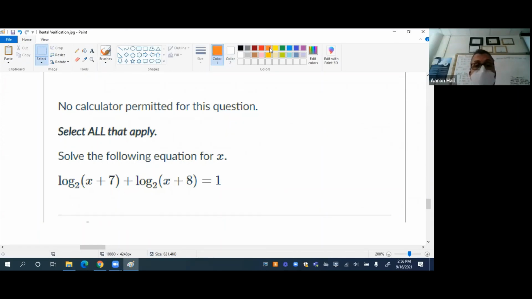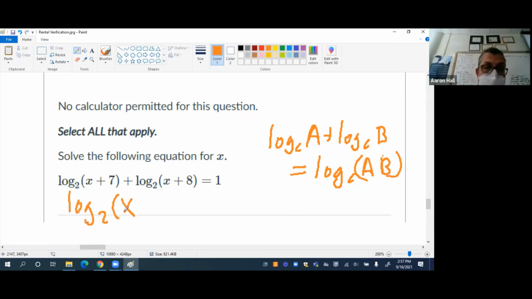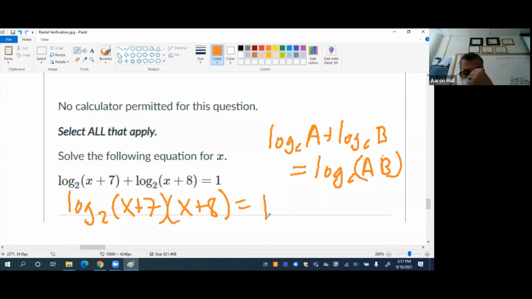Yeah, so we have a law that says if I have log base C of A plus log base C of B, we can rewrite this as log base C of A times B. So we can rewrite this as log base 2 of x plus 7 times x plus 8, and that equals 1. All right, now what?